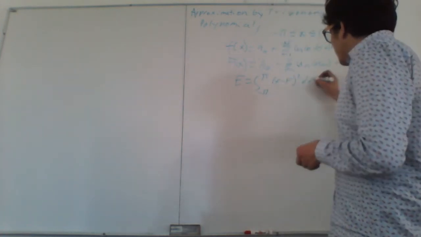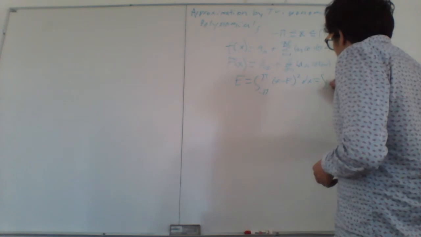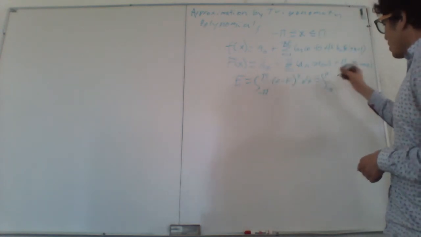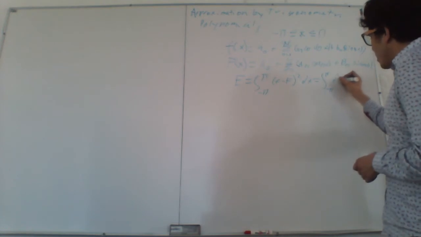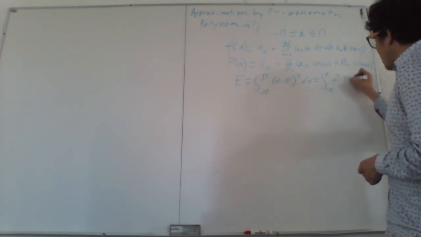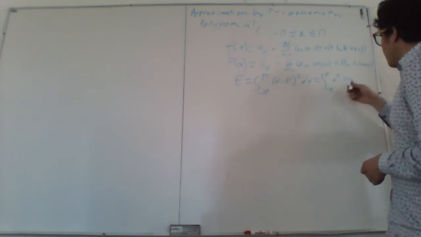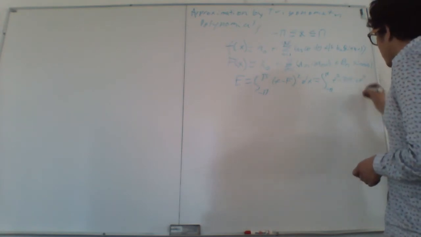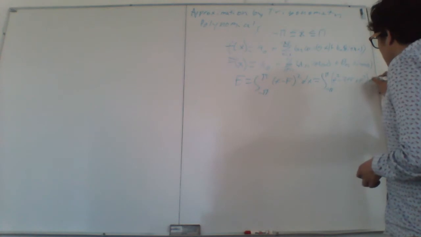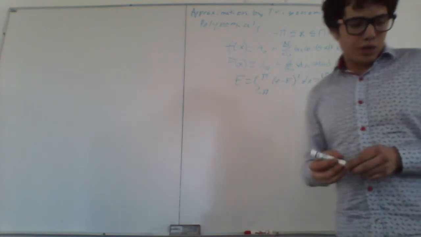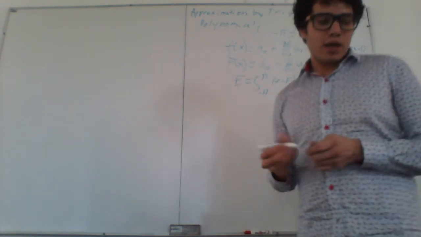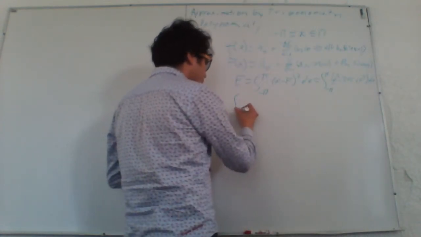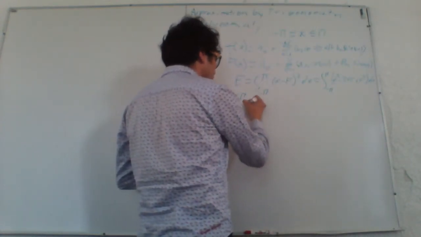That is equal to the integral between minus pi and pi of f squared minus 2 times f times capital F plus capital F squared dx.